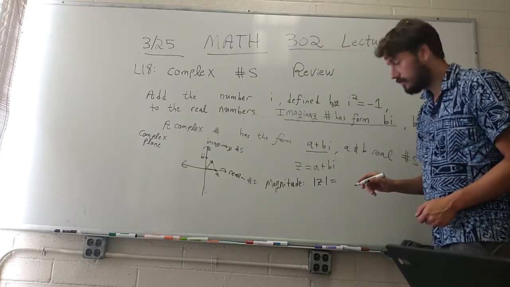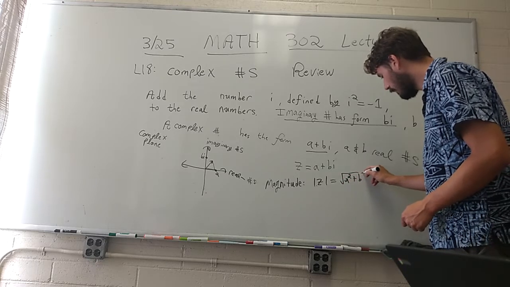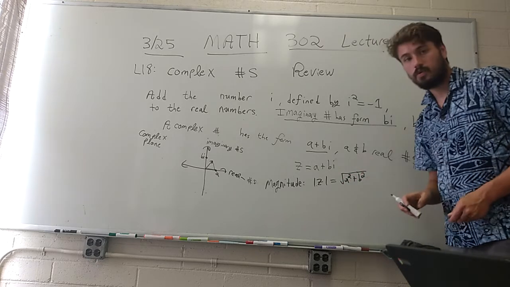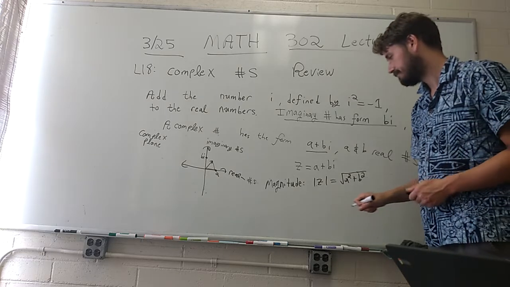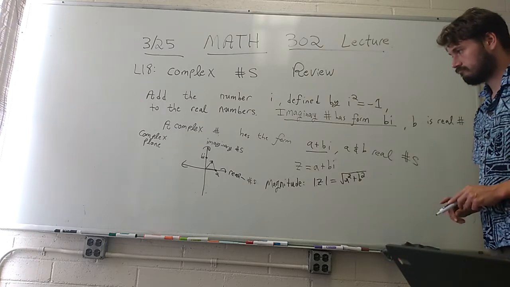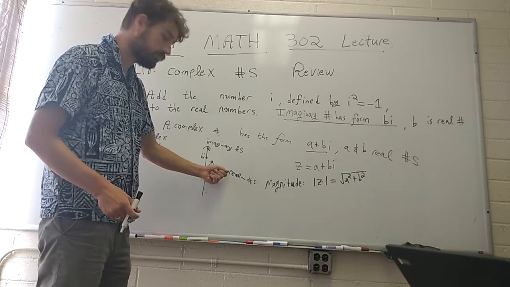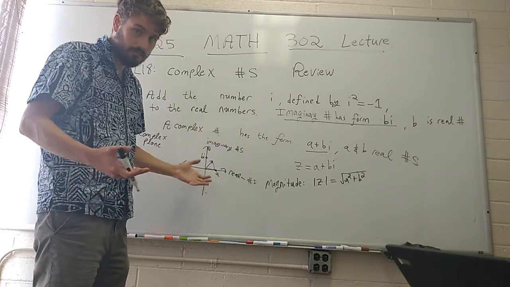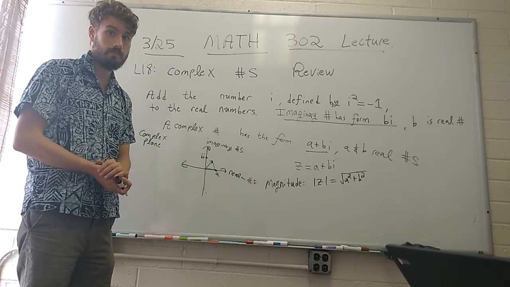So they have magnitude square root of a squared plus b squared. And again, that's because you go a units over to the right, b units up, right? The total length you went is the square root of a squared plus b squared by the Pythagorean theorem.